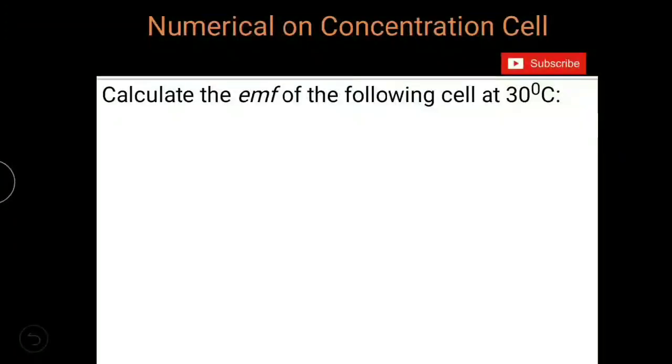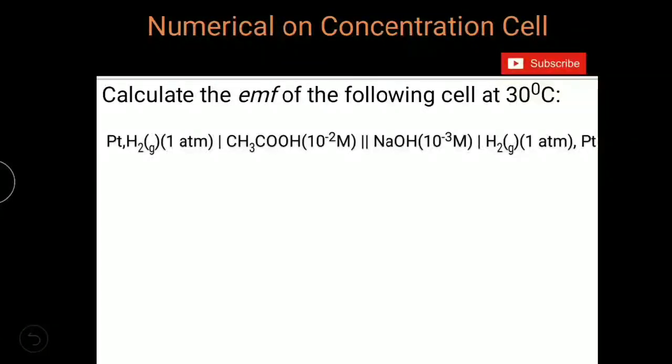Let us solve another question. Calculate EMF of the following cell at 30 degrees Celsius. Even here also a hydrogen concentration cell is given, electrolyte concentration cell, in which a platinum rod surrounded by hydrogen gas at 1 atmosphere pressure is dipped in a solution of acetic acid whose concentration is 10 power minus 2 molar.